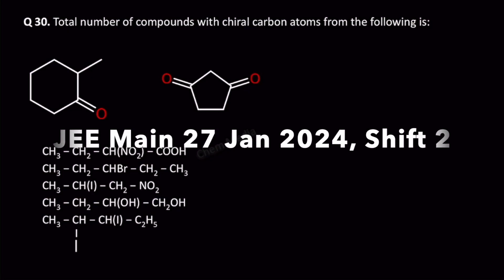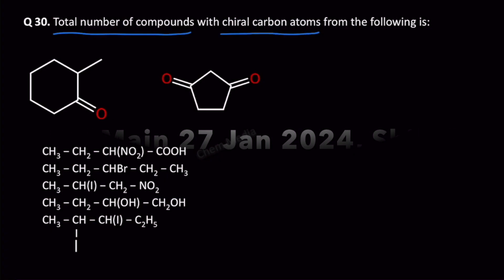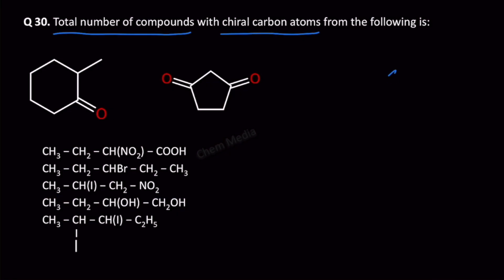What is the total number of compounds with chiral carbon atoms from the following? When we say a carbon atom is a chiral carbon atom, if it is connected to 4 different groups, then we say that it is a chiral carbon atom because the mirror images are non-superimposable to each other and we call them enantiomers.